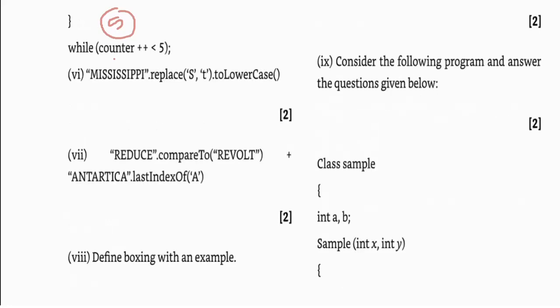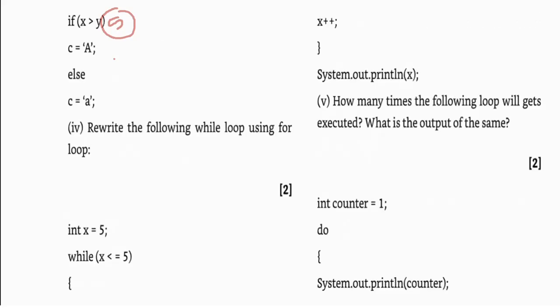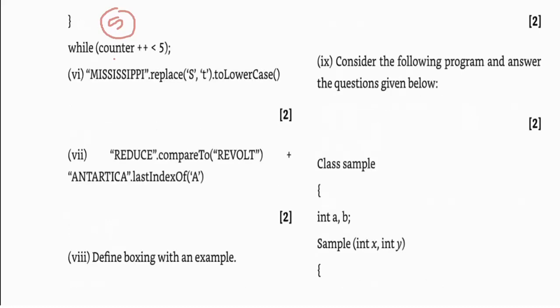So the output is going to be, are we printing something here? I don't think we are printing anything in that. Okay, we're printing the counter. So the values of counter will be printed. The output is going to be 1, 2, 3, 4, 5. So 1, then 2, then 3, then 4, and then 5.